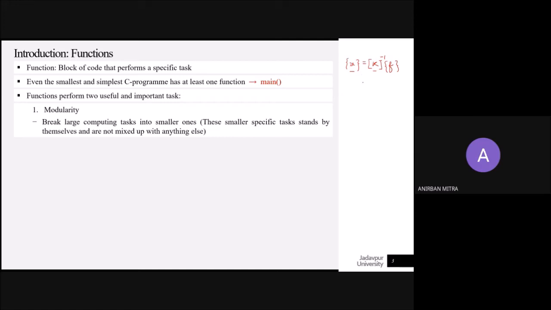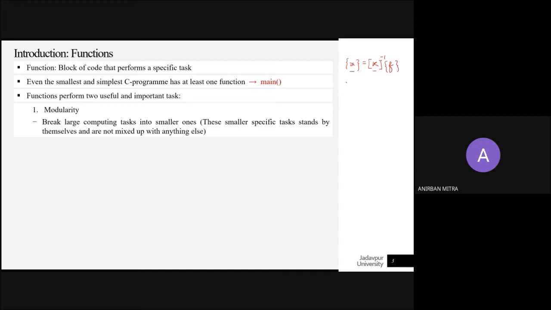Perhaps you have to calculate the inverse first. So for calculating the inverse of a matrix, you need to calculate the determinant. So you can design your code in such a way that a code block, a function would be written just to calculate the determinant. One other code block, one other function would be written to get the adjoint matrix.